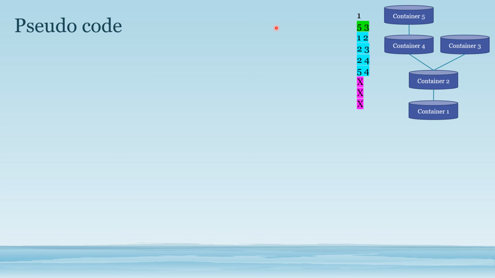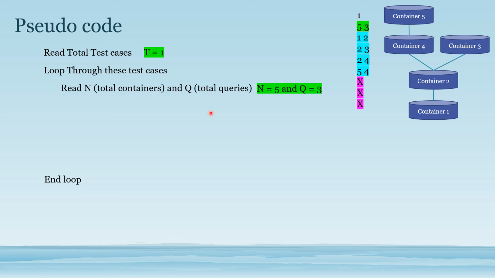Okay. So let us create this pseudo code. To consider the pseudo code, let us consider the previous example, which is this one. Okay, and first I'm considering only one test case. So read total test cases, which is equal to 1. Then we loop through all the test cases, and then we have to read this n and q, total containers and total queries, which is 5 and 3.